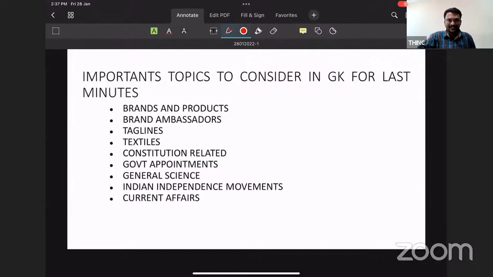Another one is textiles, mainly Indian textiles, especially the places from which, for example, Kanjipuram Pattu sarees come, because those are geographical indicators too. GI tag products are especially important, and so are weaving methods. Patku weaving is a type of weaving.